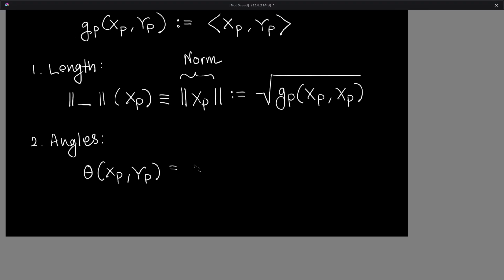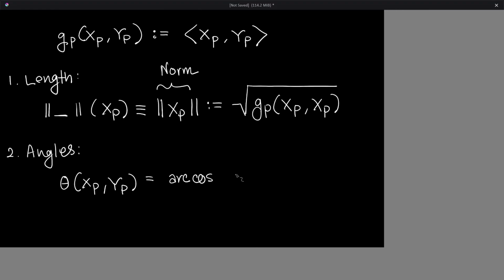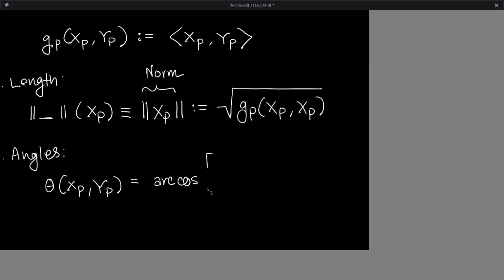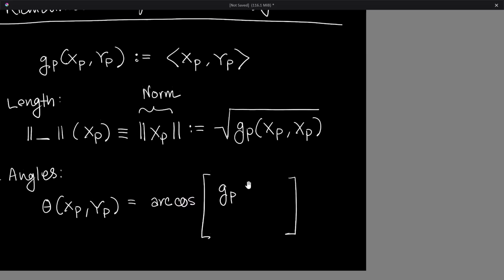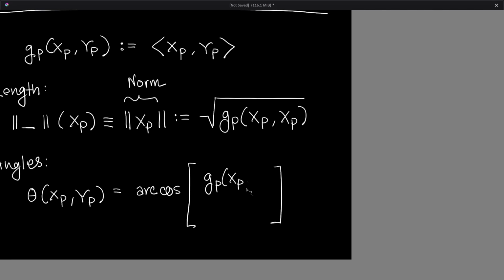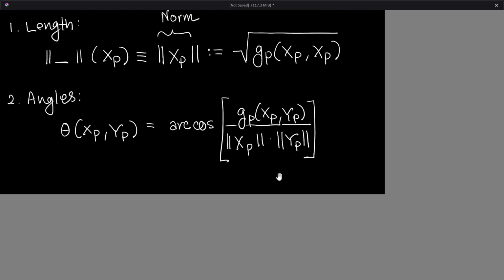Then this is equal to the arc cosine, some people call this the inverse cosine, of g_p(X_p, Y_p) divided by, well, now we have the length, so we can safely use this notation, the length of X_p times the length of Y_p.